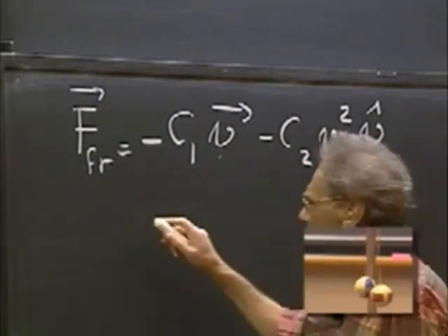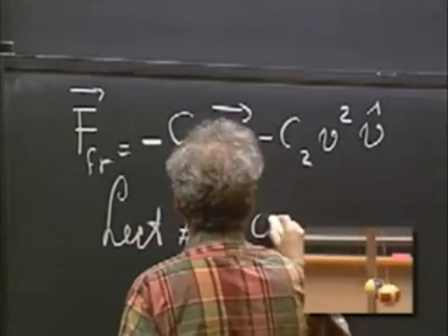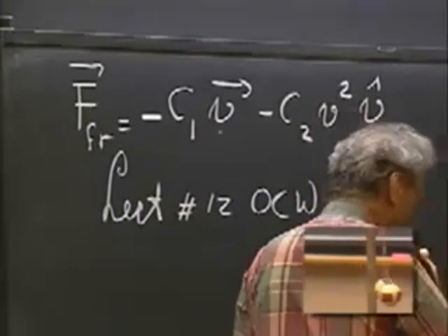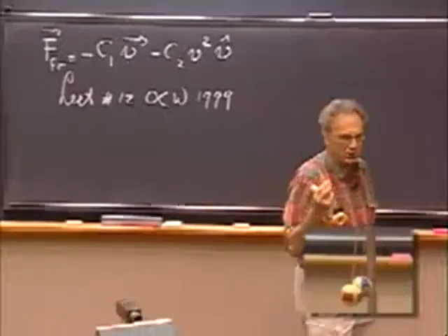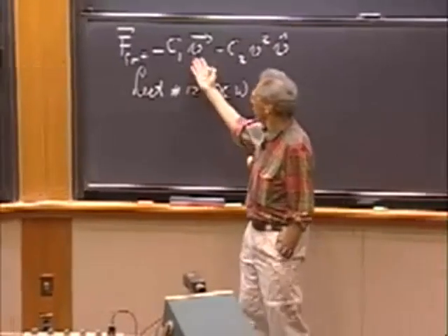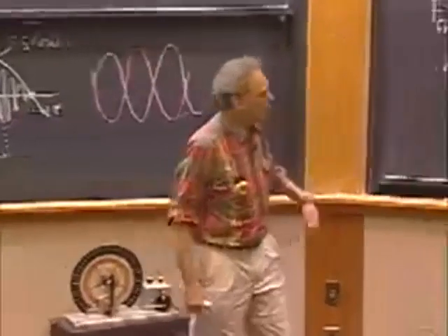In my lecture number 12, which is on OCW, of my 1999 Newtonian mechanics lectures, I spent an entire lecture on this equation, and I discuss when the viscous term is dominant and when the square term is dominant.